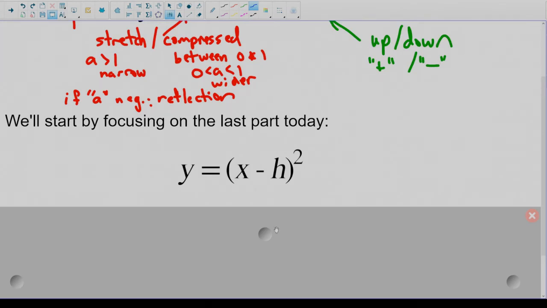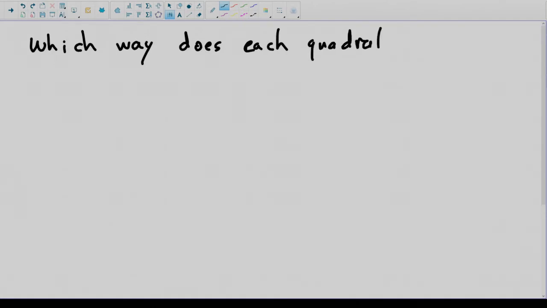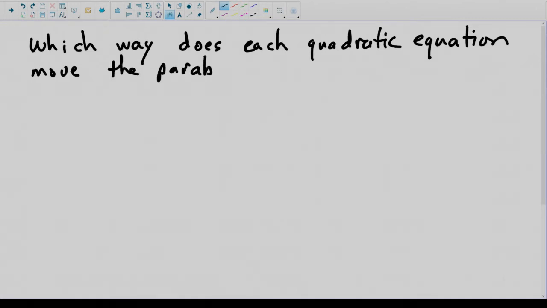So let's go back to our smartboard here, and let's look at some examples together. So let's say I asked you, which way does each quadratic equation move the parabola?